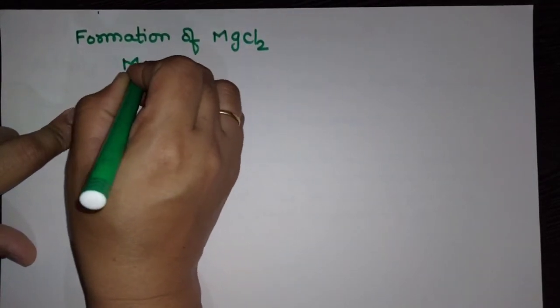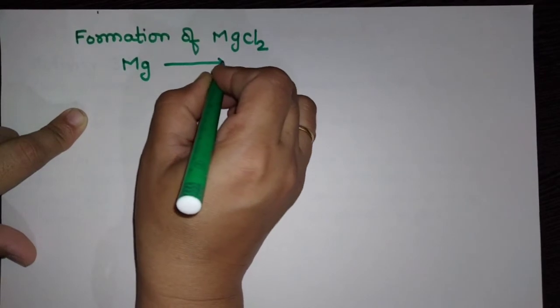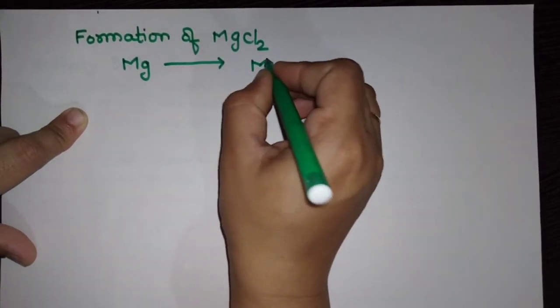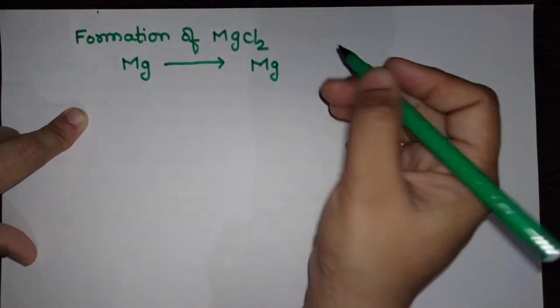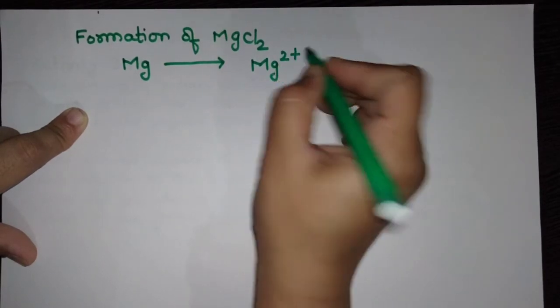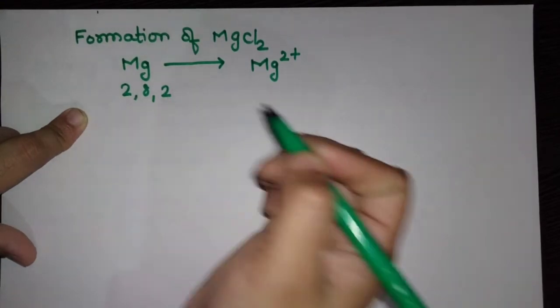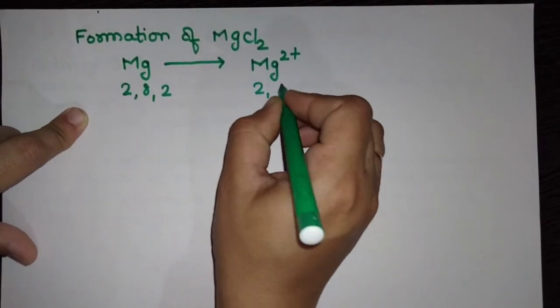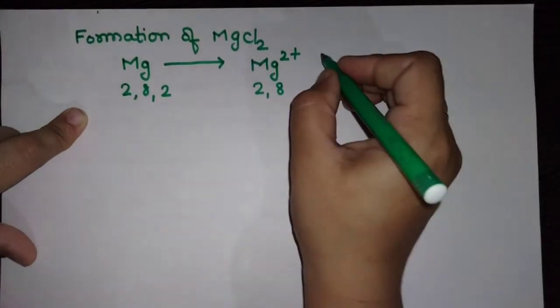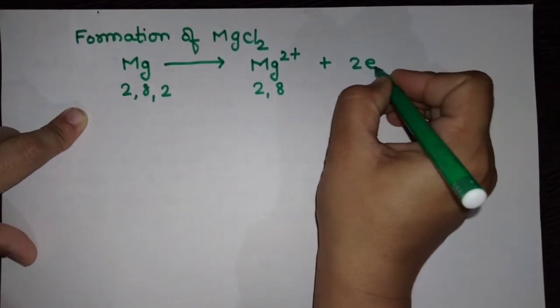For this, magnesium will lose electrons. How many electrons will it lose? 2, because it has the electronic configuration 2, 8, 2, so to have stability it will lose 2 electrons.